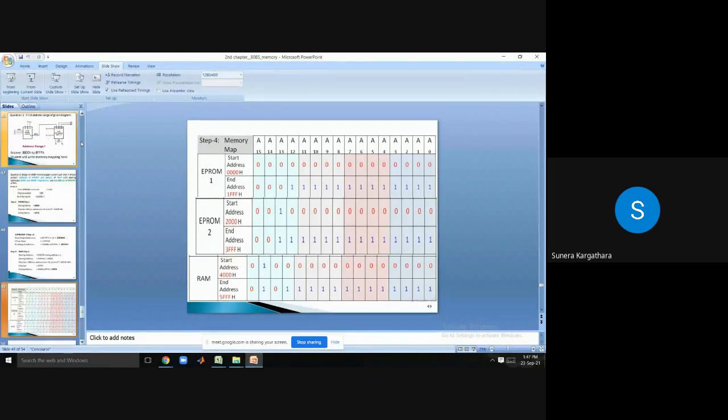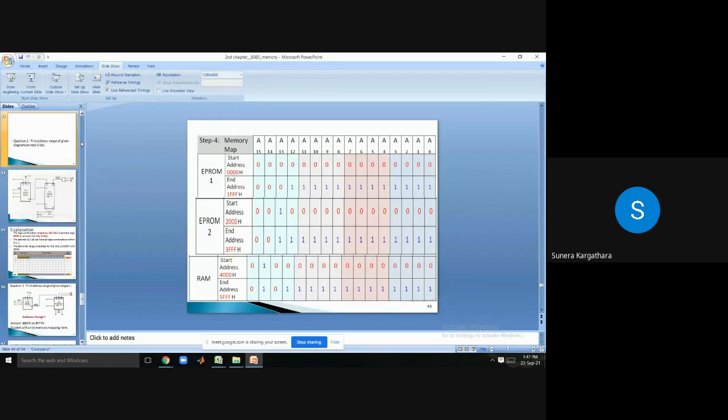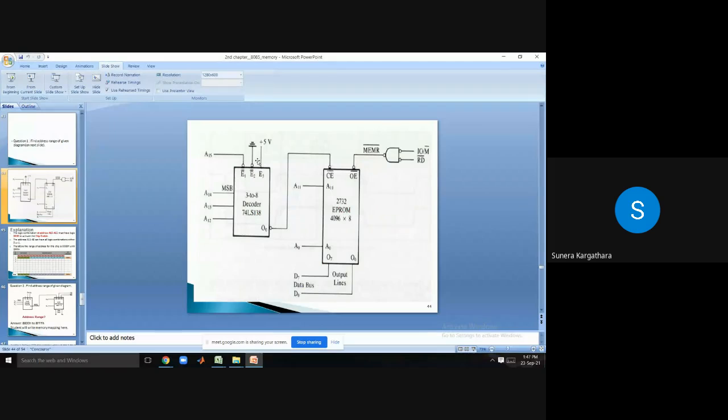Students, one more thing I want to discuss here. Suppose this is my memory interfacing circuit. You all can understand what type of memory this is: EEPROM, erasable programmable read-only memory.